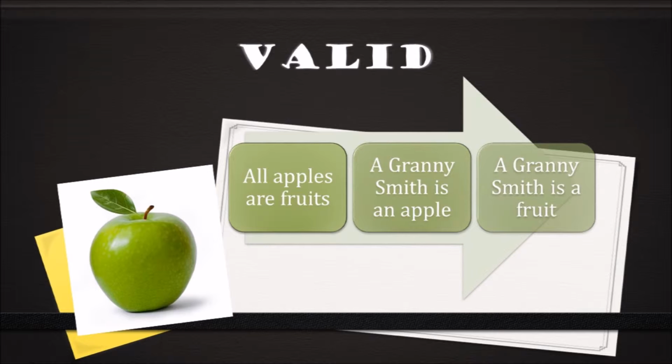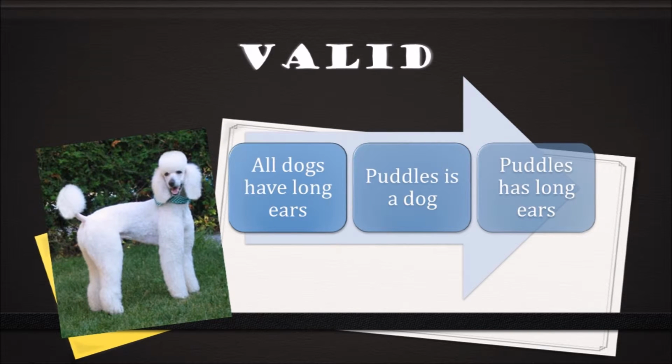This deductive argument is valid, which means the conclusion necessarily follows from the premises. So thus a valid deductive argument means the premises and conclusion are true. Another example. Premise. All dogs have long ears. Premise. Poodles is a dog.